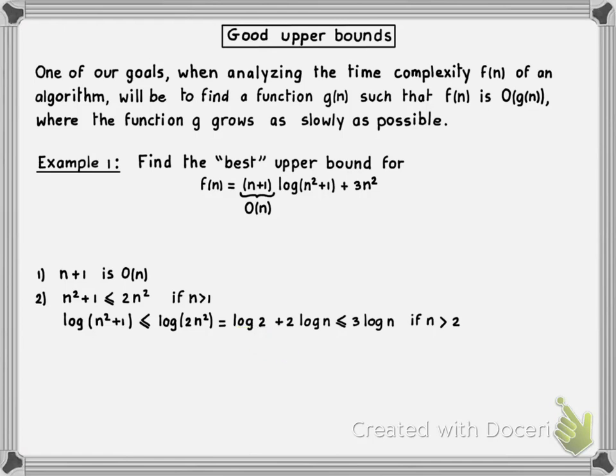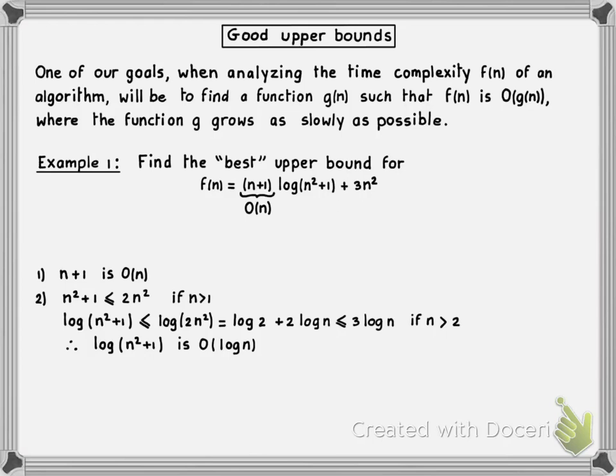So in conclusion, we proved that this function is less than or equal to 3 times log n, where 3 is a constant and n is greater than k. That's the standard definition of a big O relationship, assuming all the numbers are positive. So in conclusion, log of n squared plus 1 is big O of log n.